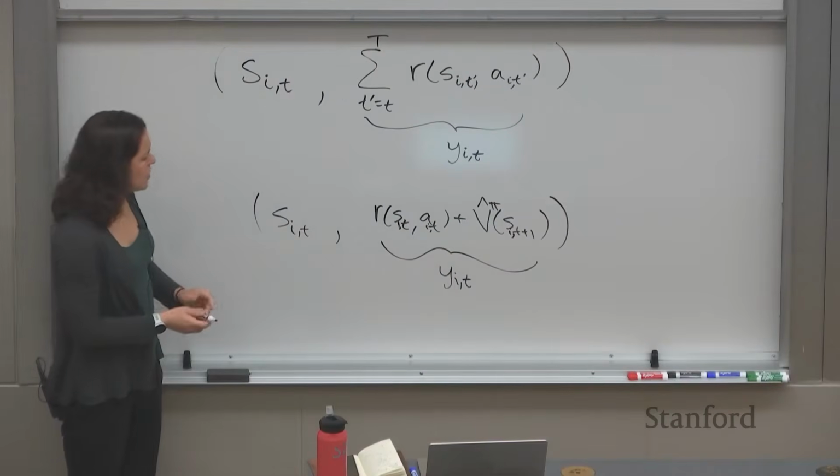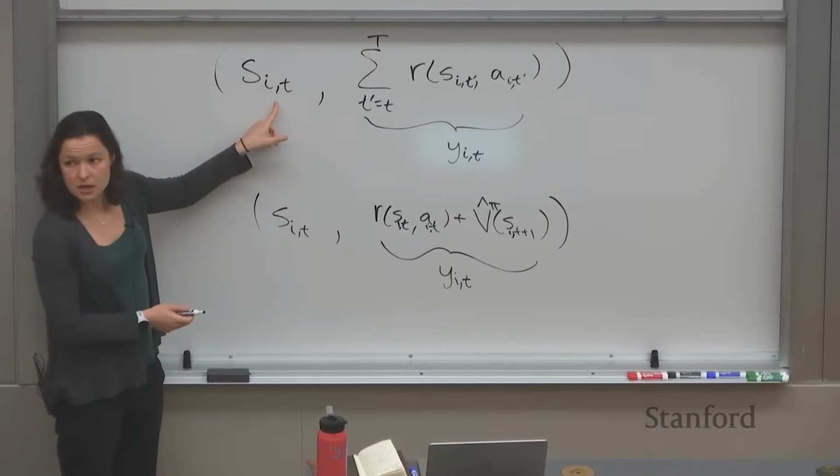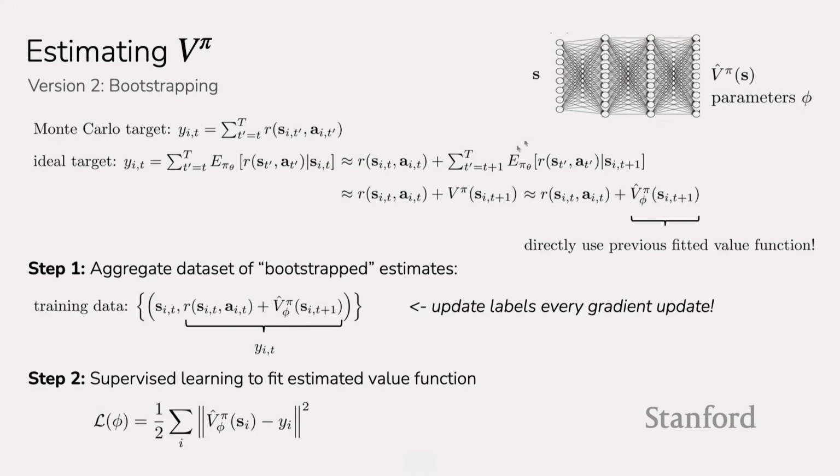So you're asking, why is the input to the value function just s and not including previous time steps? In this expectation, the ideal target for our value function is the sum of future rewards.